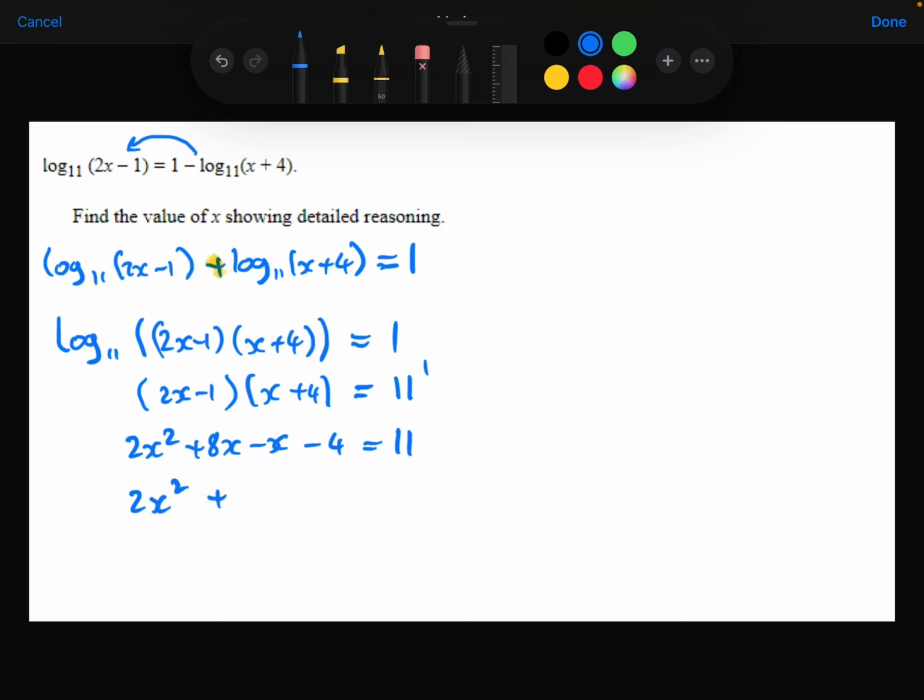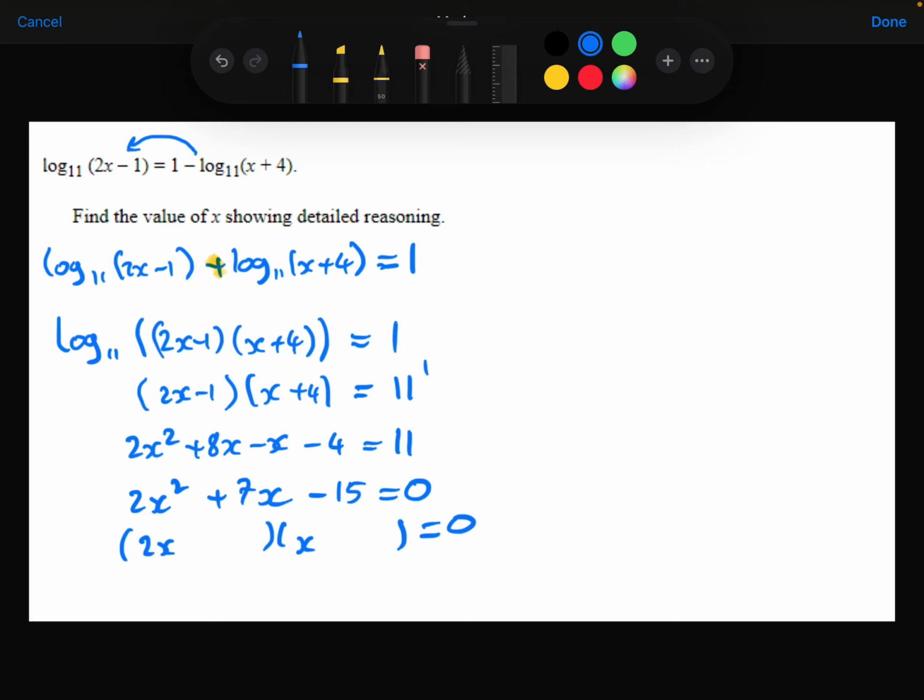Collecting like terms, the 8x minus the x is 7x. Subtracting the 11 from both sides. Now to factorise this, it has to be a 2x and an x to get the 2x squared.